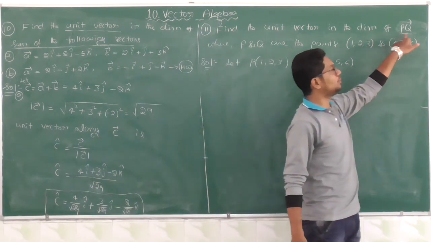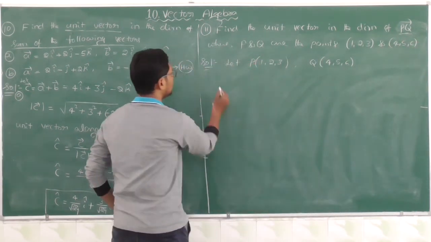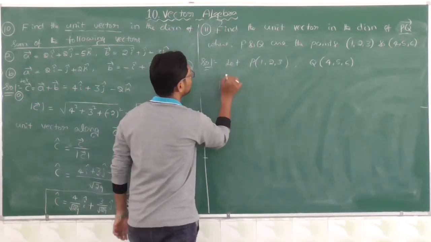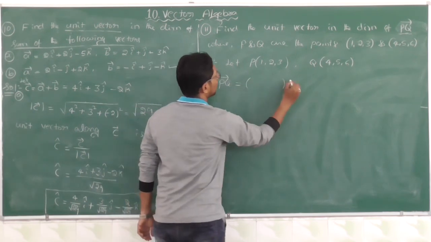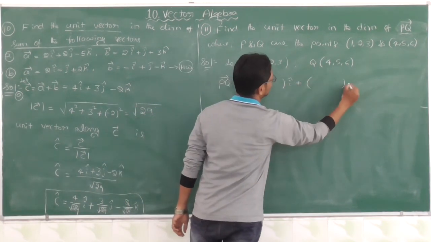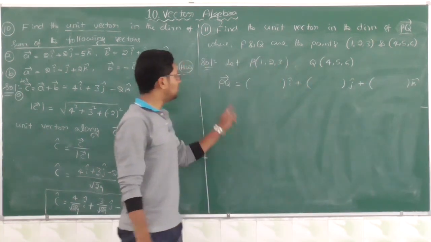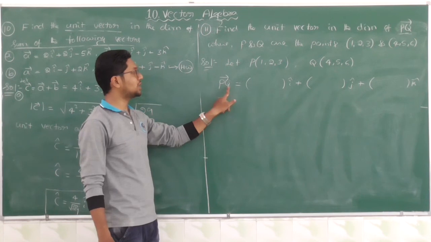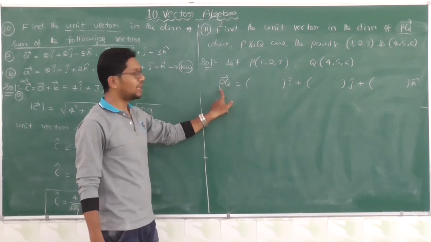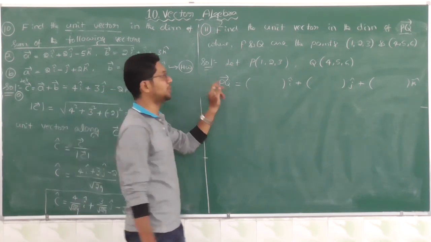First find the PQ vector. We know how to find the vector joining two points. PQ vector is Q minus P, the other point minus the initial point.